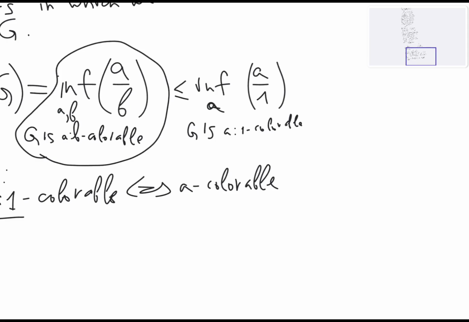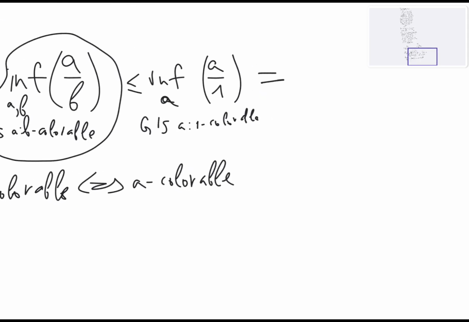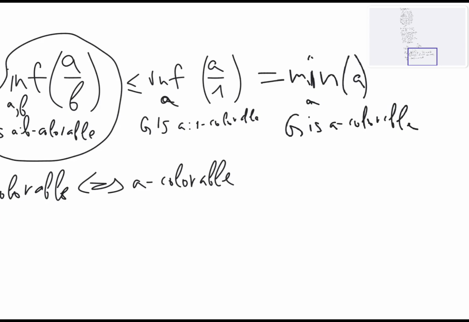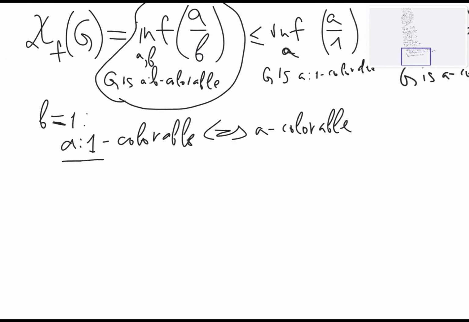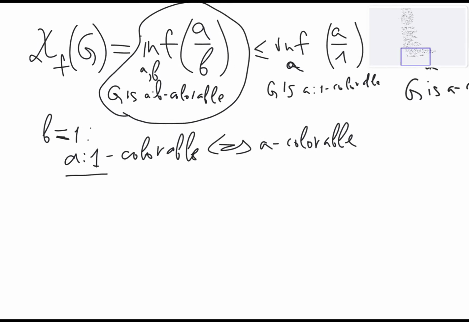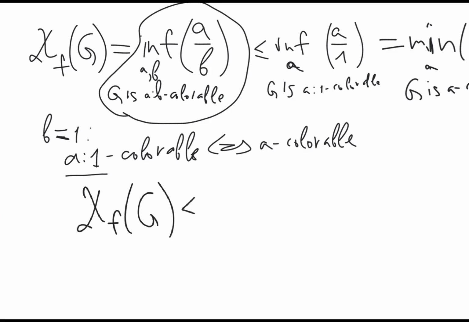And this infimum is exactly equal to the minimum over all a such that G is a colorable, the minimum of a, and this is just equal to the regular chromatic number of G. So basically what we established is that the fractional chromatic number of G is less or equal than the regular chromatic number of G.